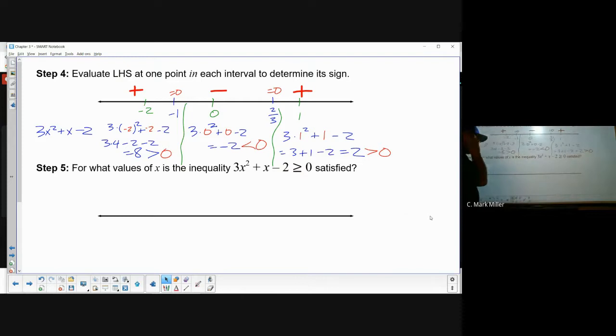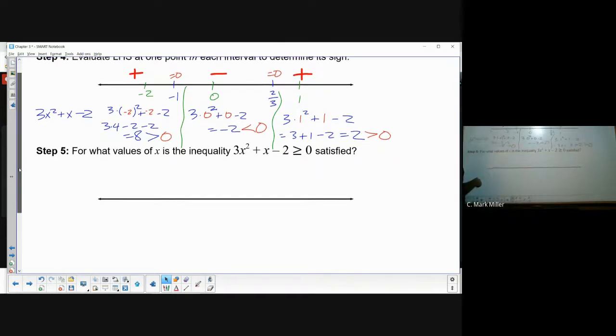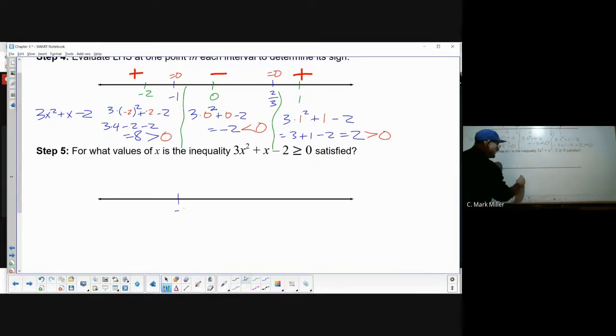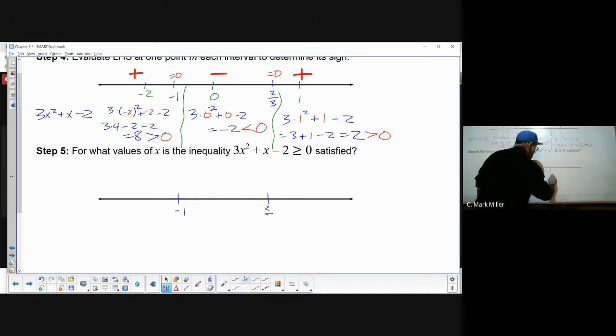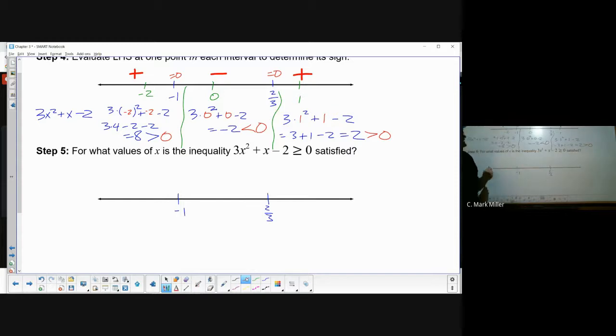So I need the places where it's positive or 0. And so that's going to be what? It's going to look like this. Let's get minus 1, 2/3. And our graph's going to look like what? I need minus 1 to be part of my solution set. Why?